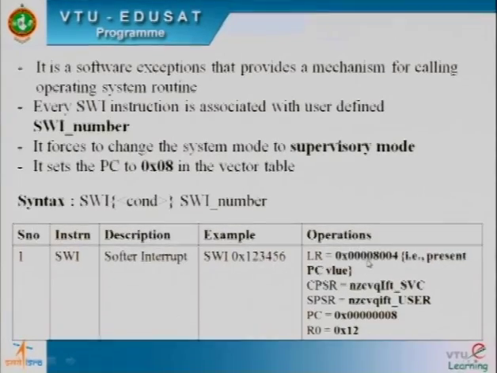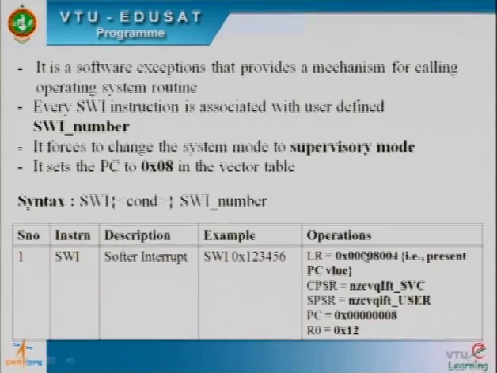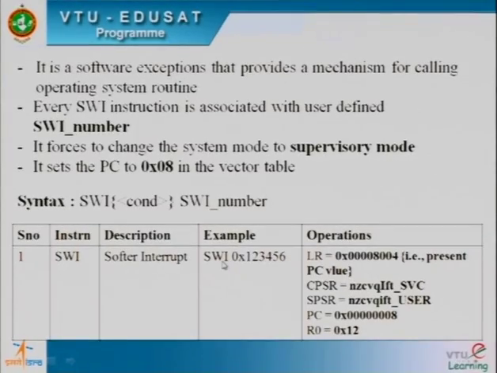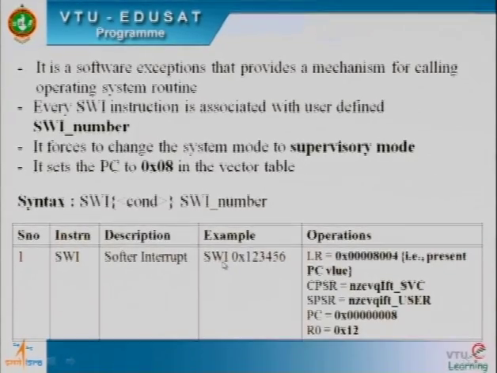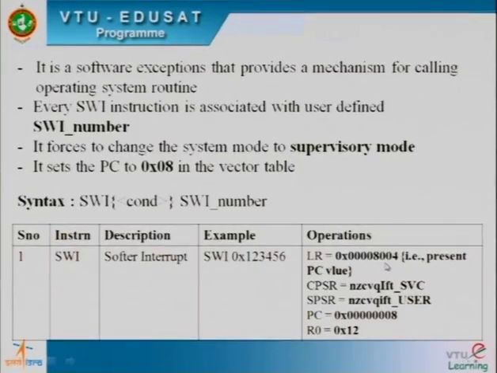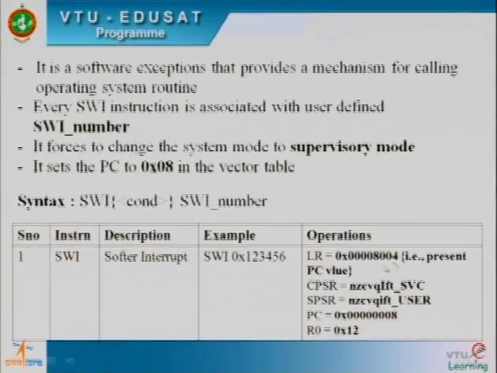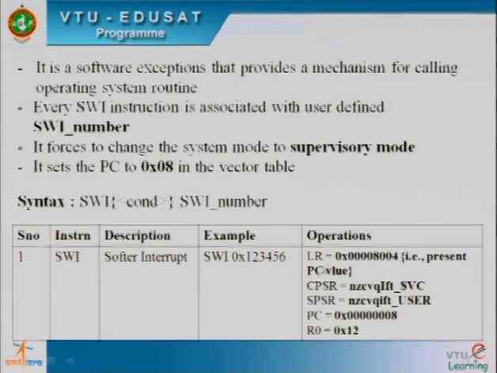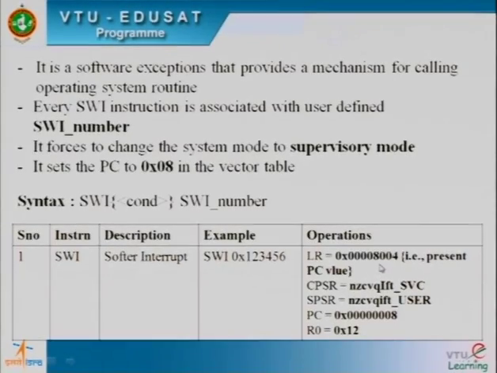Once the SWI instruction is executed, there is a next instruction to be executed, and that instruction address is held in the PC. If that instruction address is 0x00008004, the SWI instruction address is 0x00008000. The minus 4 value will be that value.